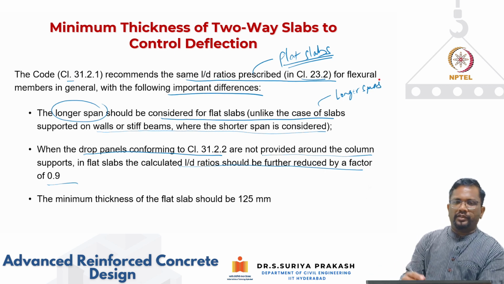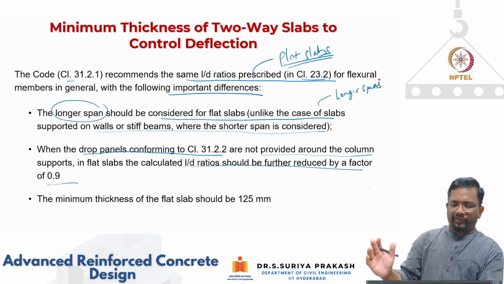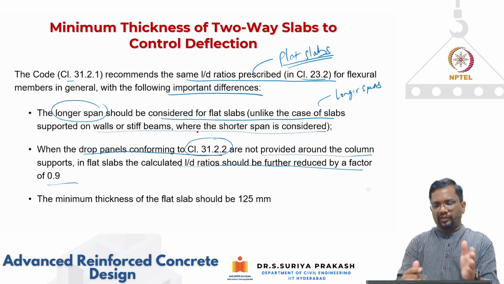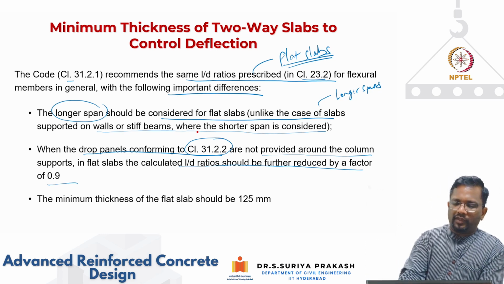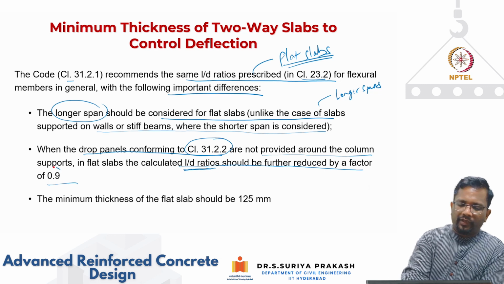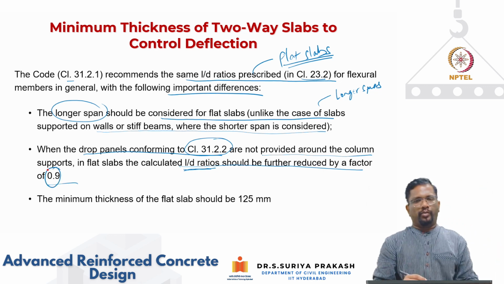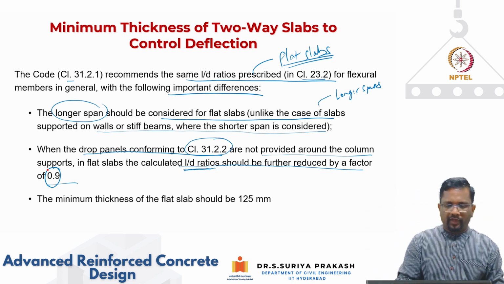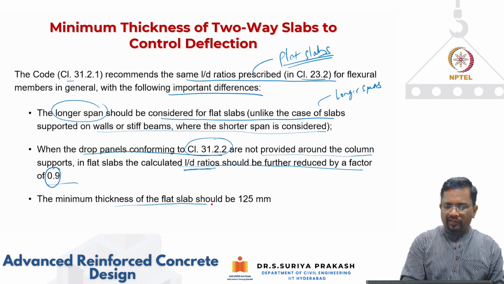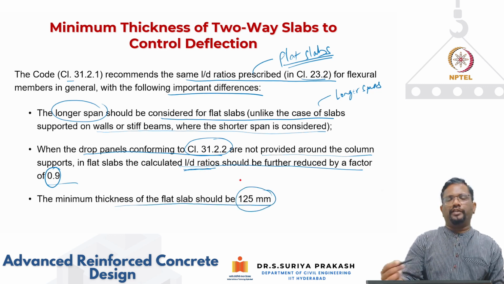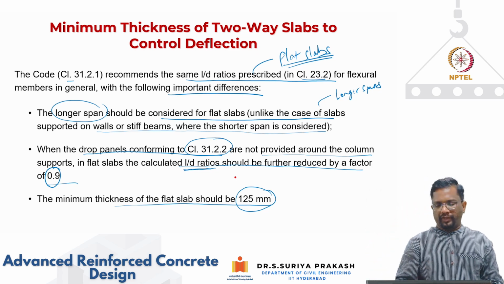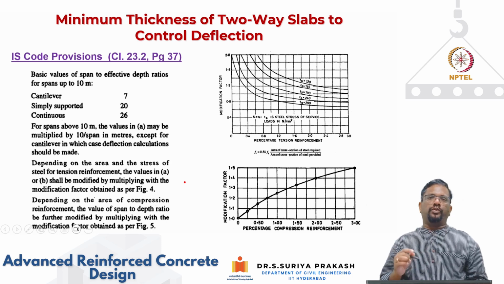The next condition is if you do not have drop panels properly provided with the minimum dimensions specified in clause 31.22, then you are not going to have a very stiff system. Then what the code is saying is that whatever the ratios given, you reduce them by a factor of 0.9 so that you put more thickness of slab. And for a flat slab, the minimum thickness should be at least 125. For any slab, in fact, I would strongly recommend you put at least 125. Okay, so now we talked about those L by D ratios.